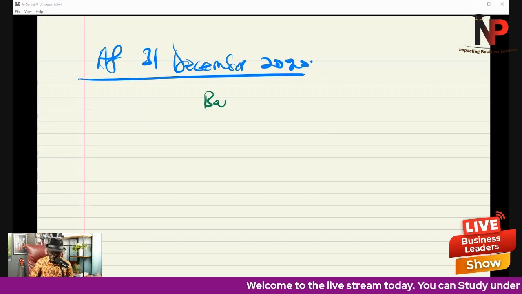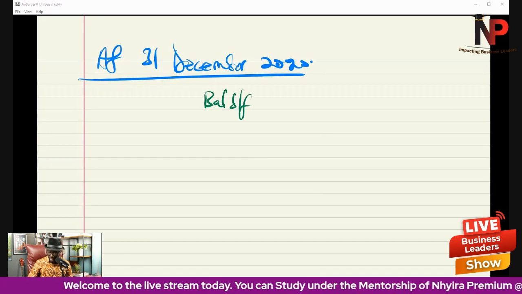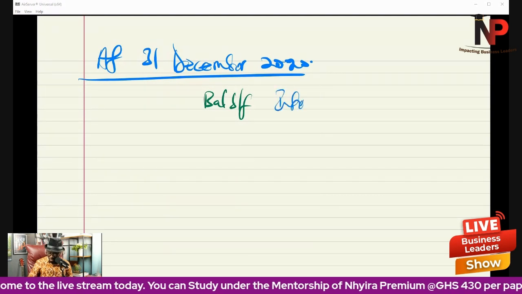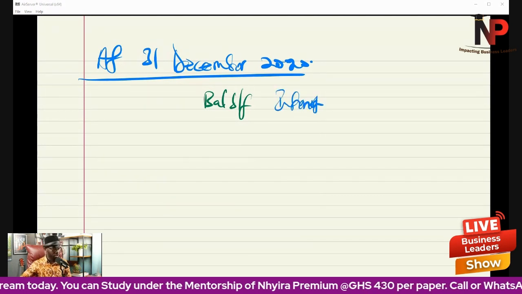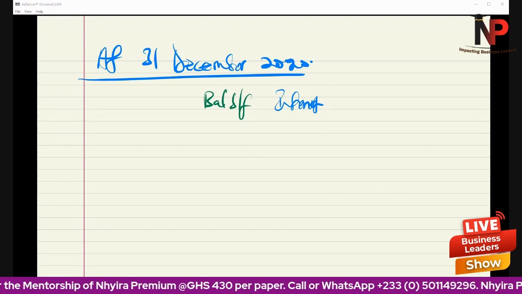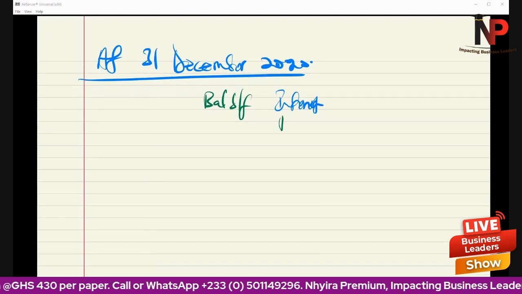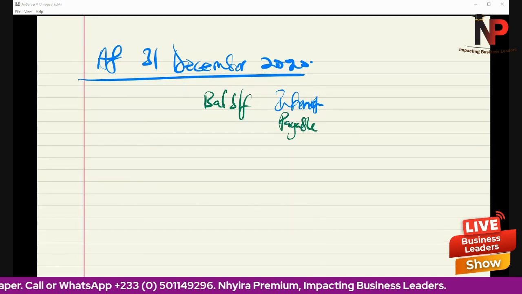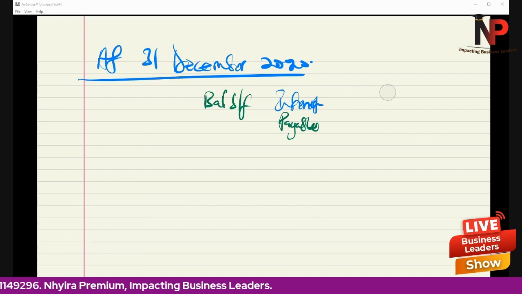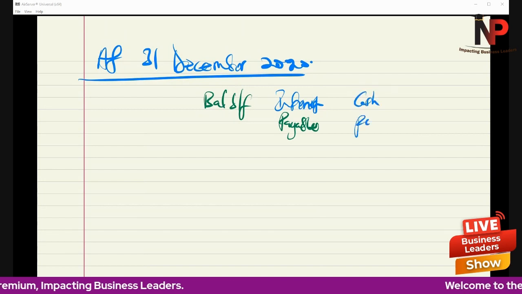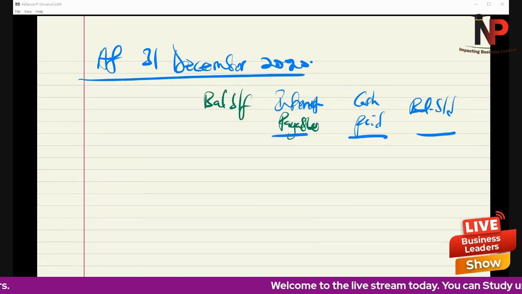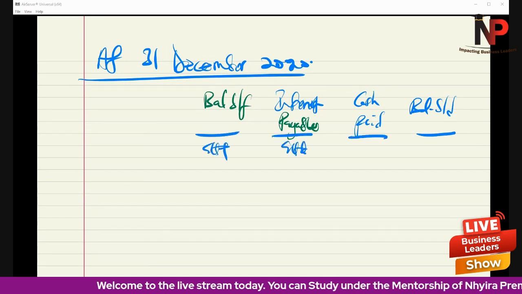So we bring in the balance brought forward, we bring in the interest payable, which is the interest at the effective rate, then we bring in the cash paid, and then we get a balance carried down. Then we put in our currency sign here.